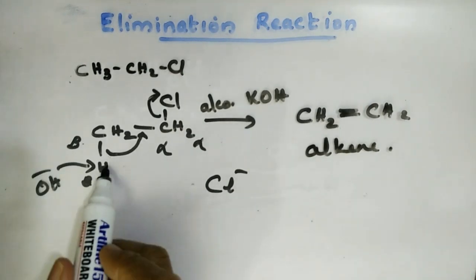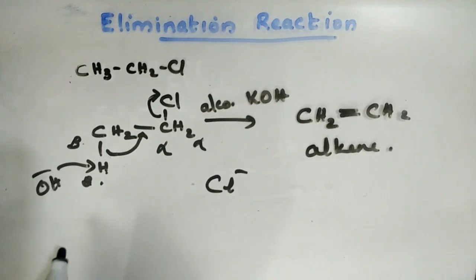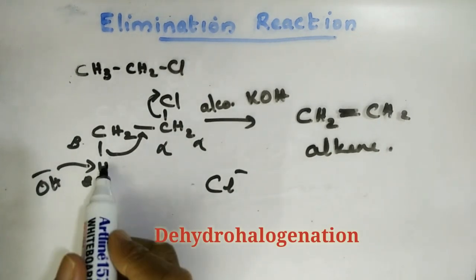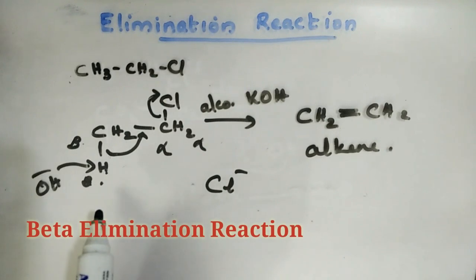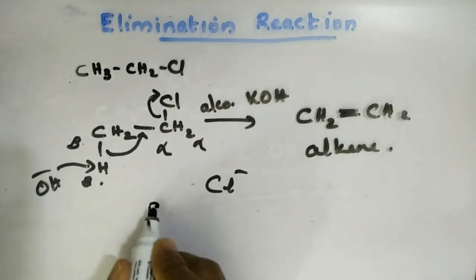Here, elimination of hydrogen and chlorine is taking place. So this reaction is called dehydrohalogenation. The elimination of beta hydrogen takes place here, so the reaction is also called beta elimination. One more name is there, that is E2 reaction.